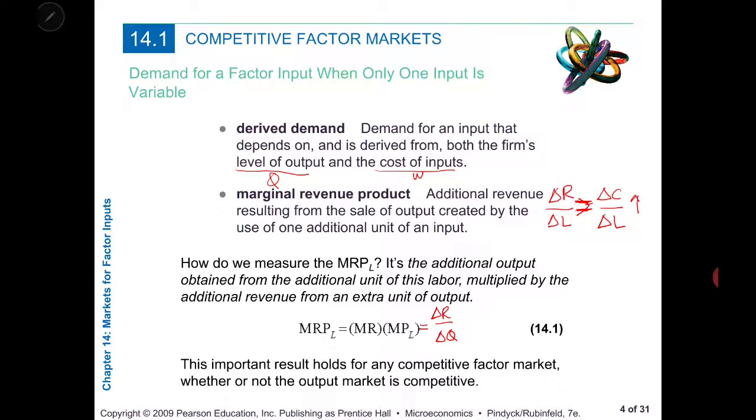And the marginal product of labor is the change of output when you change the number of labor. So you can cancel and you will end up with change in R over change in L, similar to how we defined just now: marginal revenue product is the additional revenue that you obtain by adding an additional input.